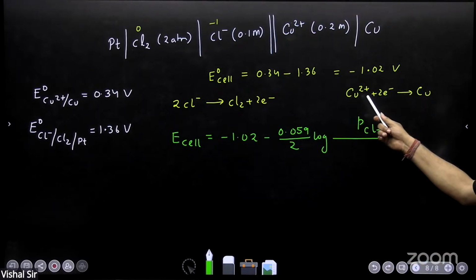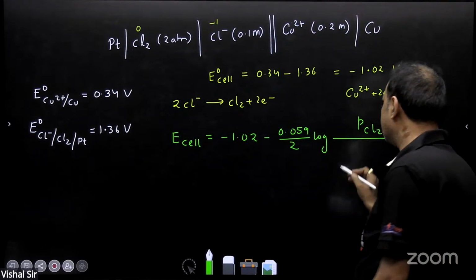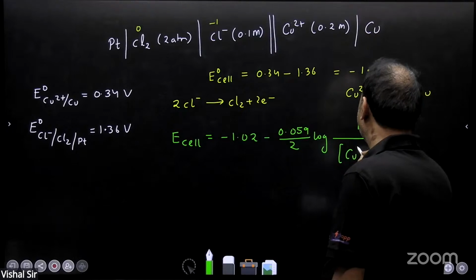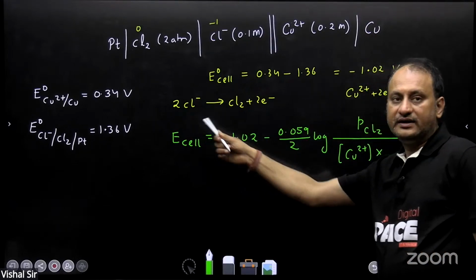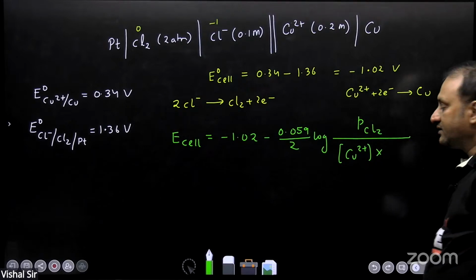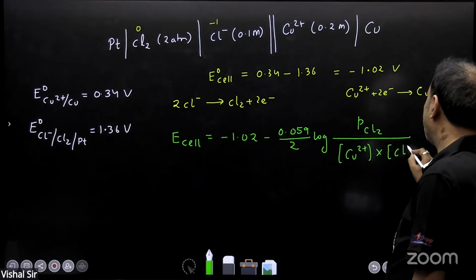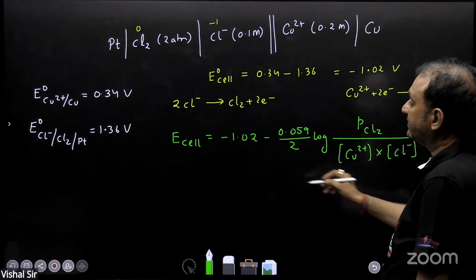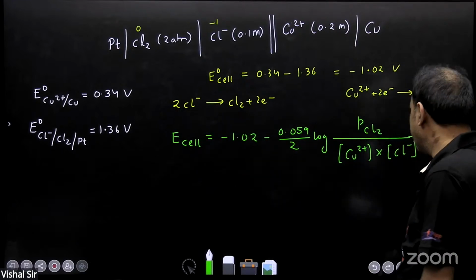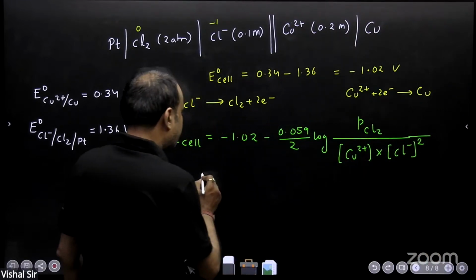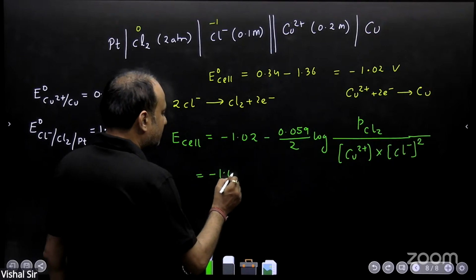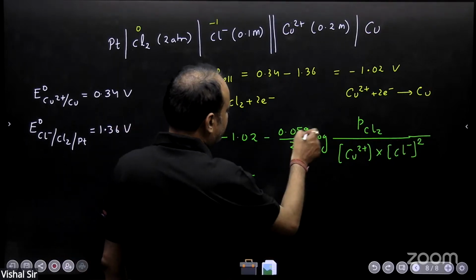Here the reactant is copper ion, so molarity of copper ion, multiplied by Cl minus, whose stoichiometric coefficient is 2, so squared. Now I substitute the values, minus 1.02.